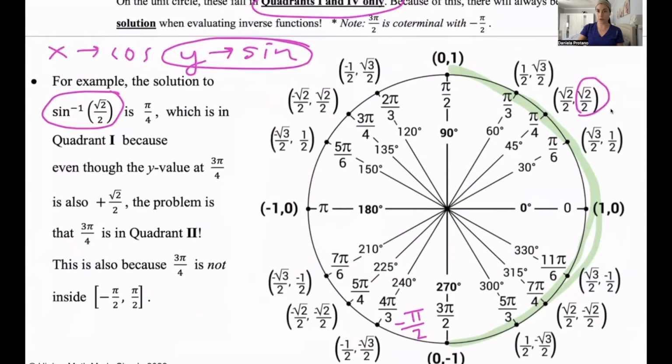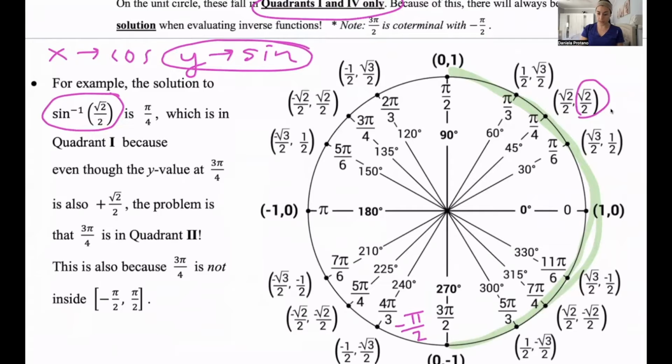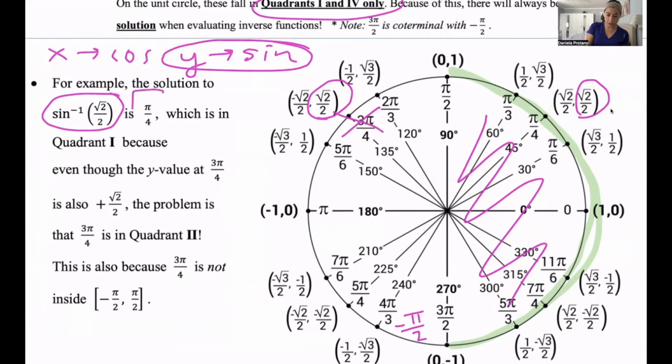We're looking over here in quadrant 1. But you might ask, wait a minute, positive square root of 2 over 2 is also over here at 3 pi over 4. We know that's incorrect because your answer better be between quadrants 1 and 4. So 3 pi over 4 would not be correct. The correct answer would be pi over 4, because it's in quadrant 1. And so that would be a quadrant 1 solution.